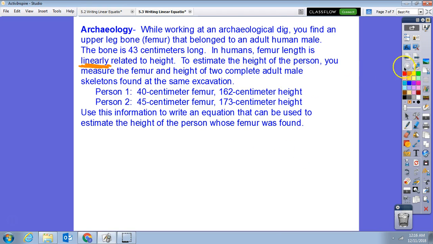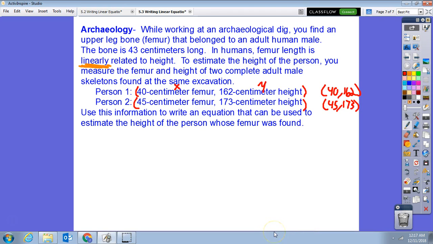Notice that this is almost perfectly set up here as 2 points. Only thing being is you got some measurements in there. How do I know that this is going to be my x's and this is going to be my y's in 2 separate points here? We have the point 40, 162, and the point 45, 173.